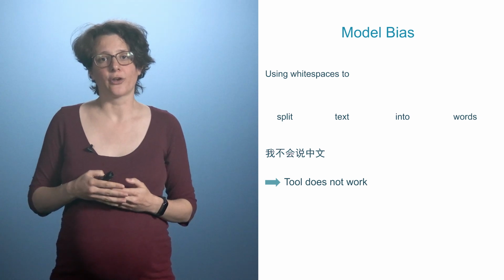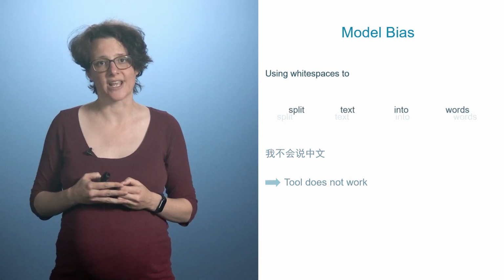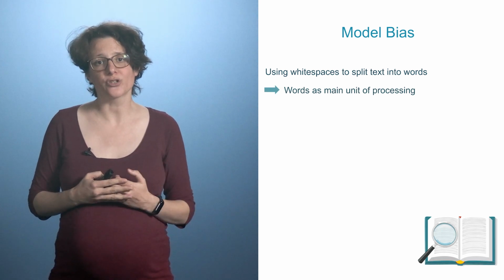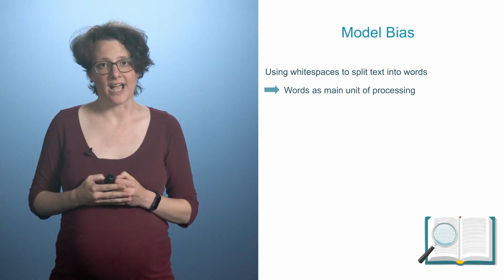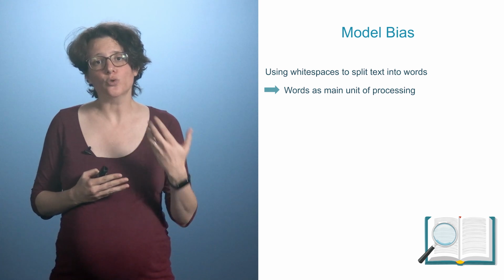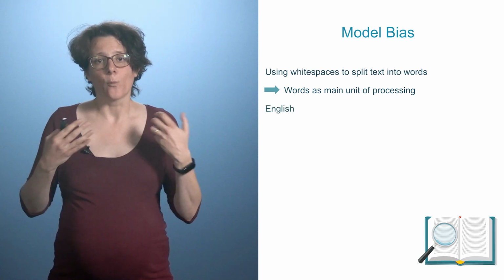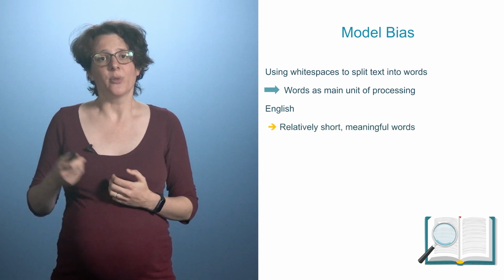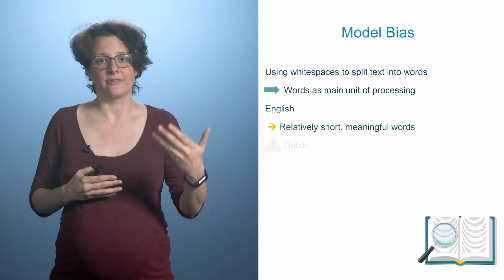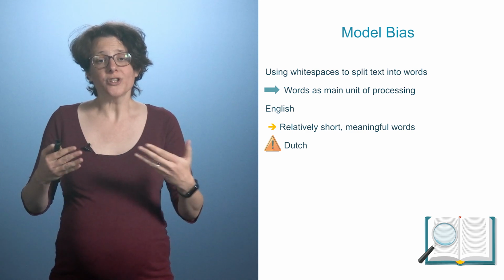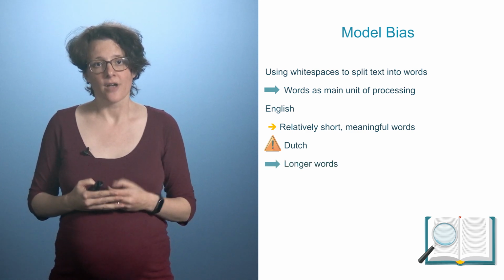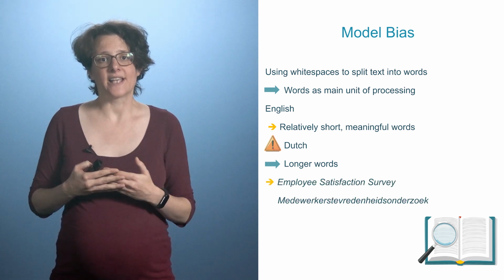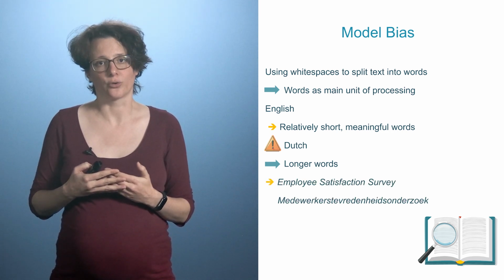Now, the result of this splitting process is words, and words have been used as the main unit of processing also for a very long time. Again, this works well for English, where words are quite meaningful units. They are relatively small. But consider the case of, for example, even Dutch, where words can become much longer. For example, employee satisfaction survey is said as medewerkerstevredenheidsonderzoek.